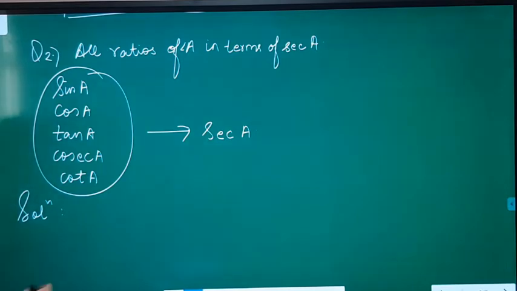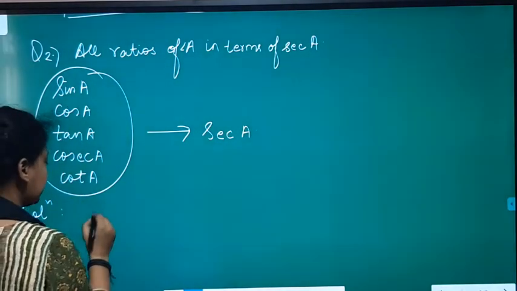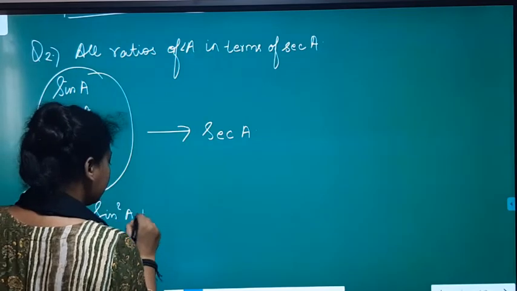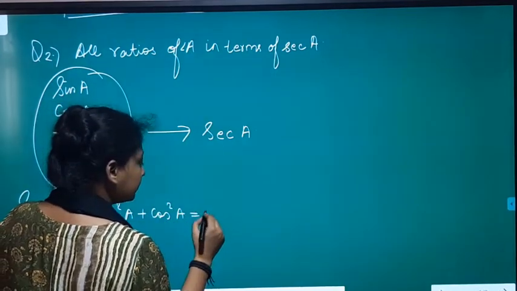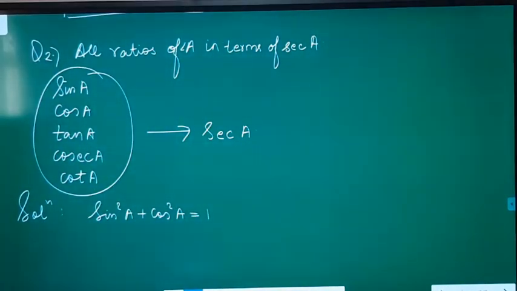See, first we know from the first identity sin square A plus cos square A equal to 1. This is identity number 1.